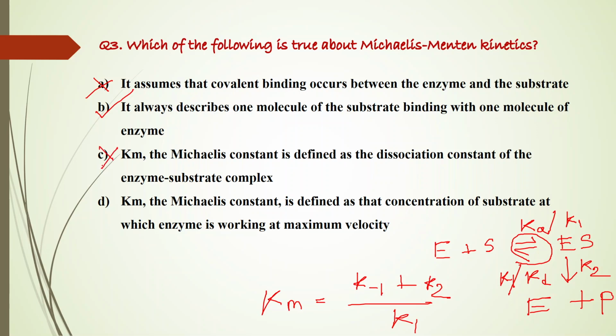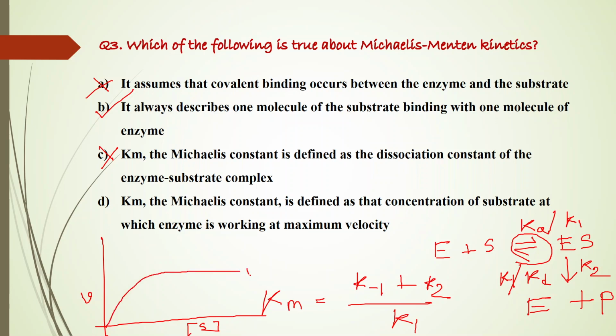The fourth option states Km, the Michaelis constant, is defined as the concentration of substrate at which the enzyme is working at maximum velocity. If we recall the graph we drew for Michaelis-Menten kinetics, it is V versus substrate concentration, and the graph looks something like this.